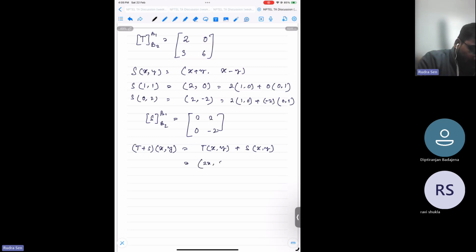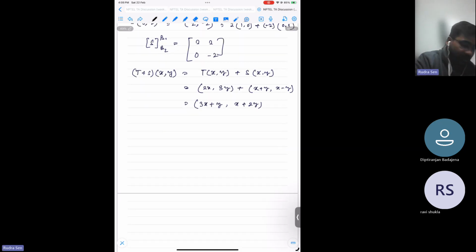So T is basically (2x, 3y), and S is basically this term. So this is basically (3x + y, x + 2y). Just normal vector addition.